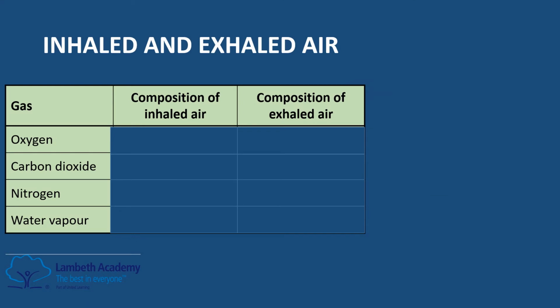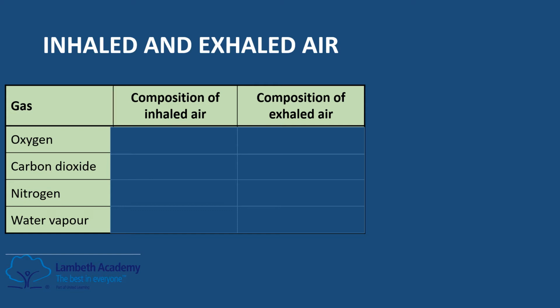It's important we understand exactly what the air we breathe is made up of. So we're going to be looking at the composition of inhaled air and the composition of exhaled air. There's a common misconception that when we breathe in, we're only breathing in oxygen, and when we exhale, we're only exhaling carbon dioxide. So we're going to delve into this a little bit deeper.